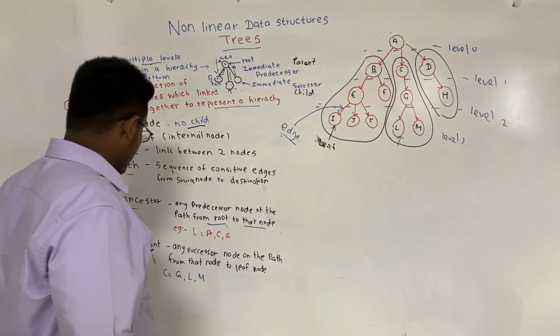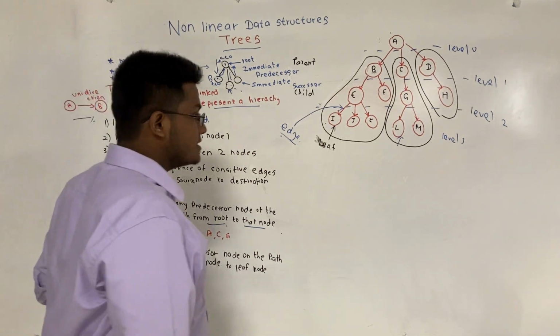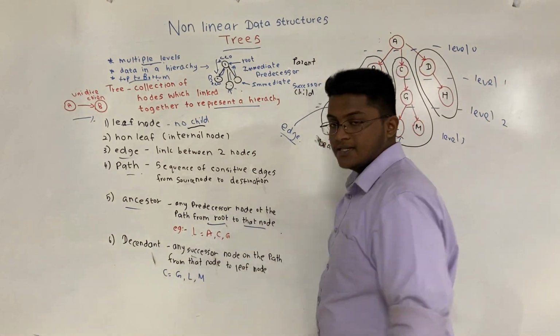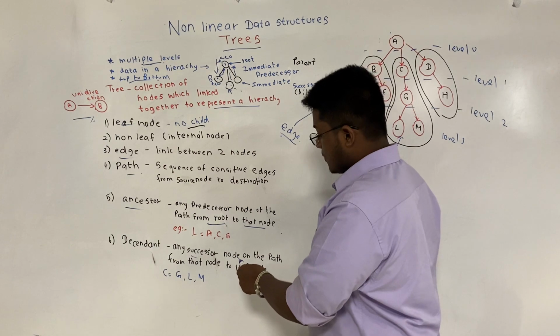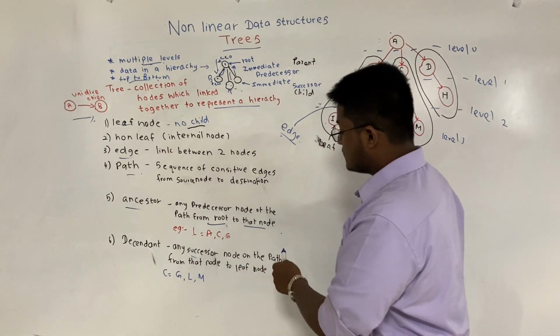Next, what is a descendant? A descendant is any successor. Immediate successor means child. A descendant is any successor node on the path from that node to a leaf node.